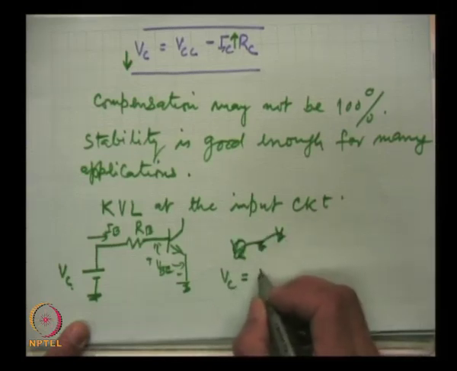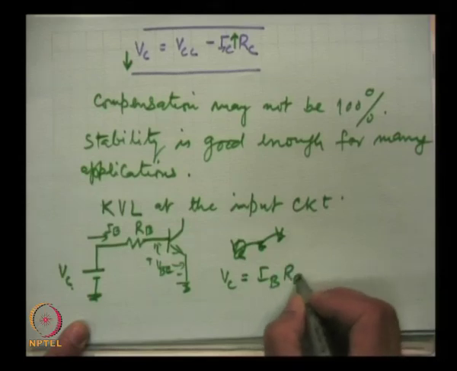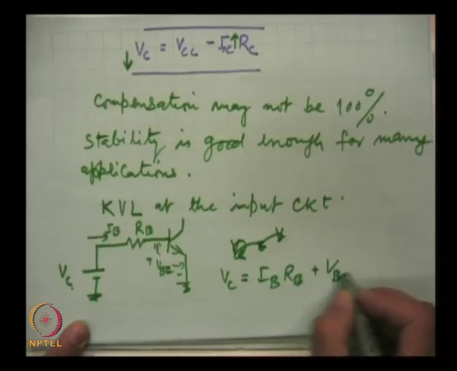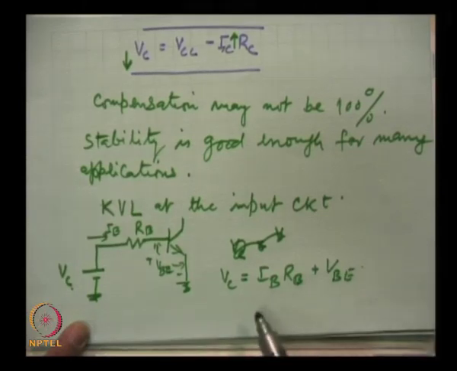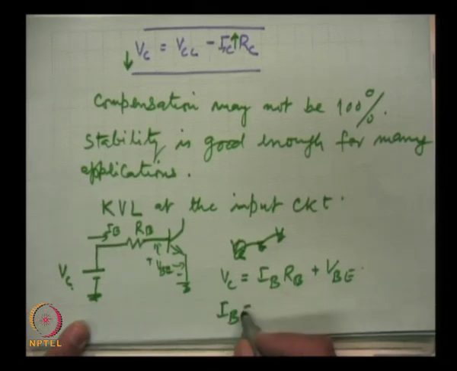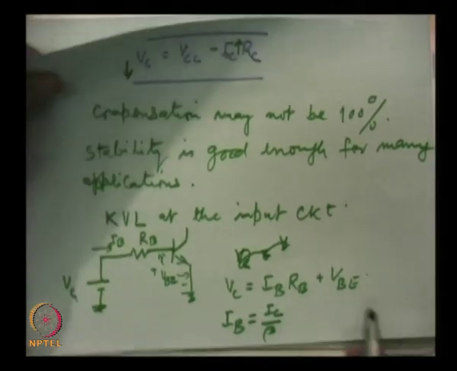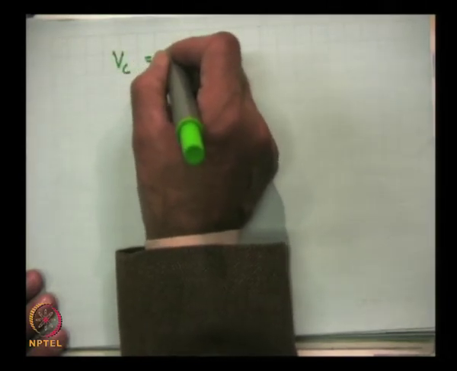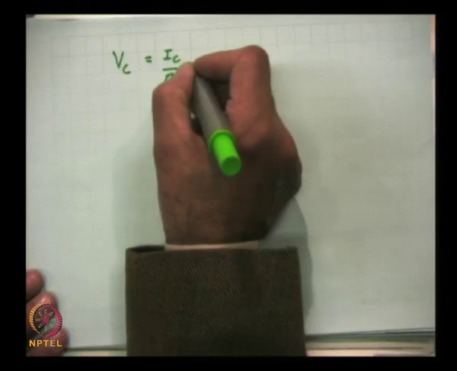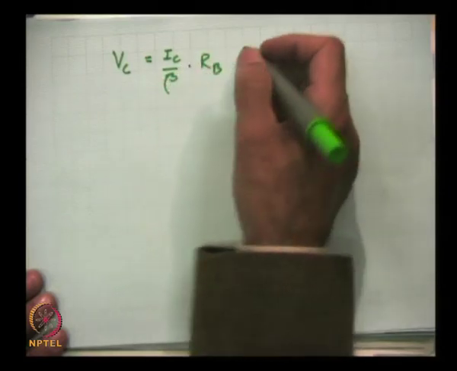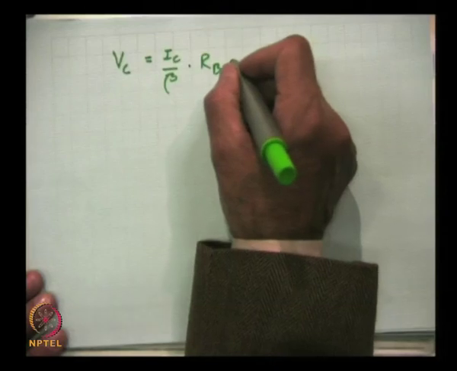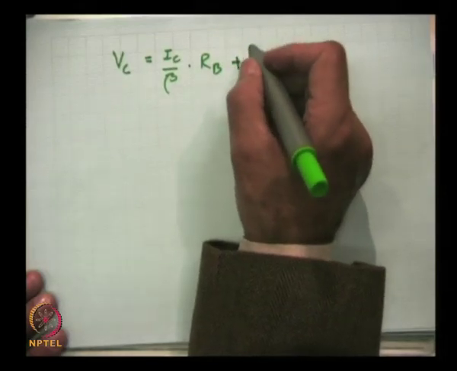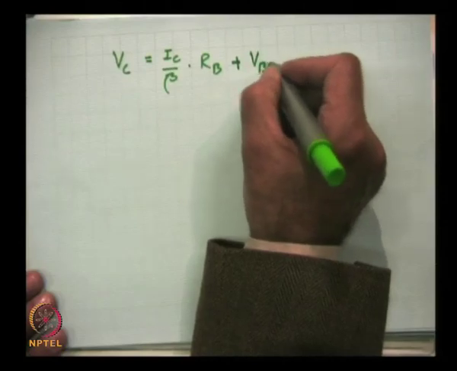Vc is equal to IB into RB plus VBE, and using the relation IB is equal to IC by beta, we get from here Vc is equal to IC by beta RB plus VBE.